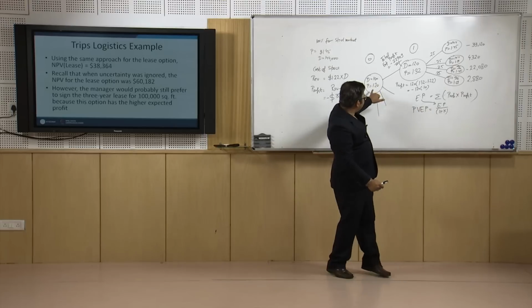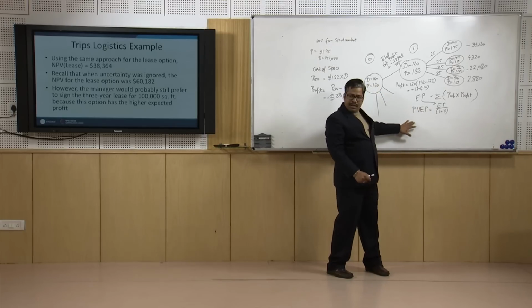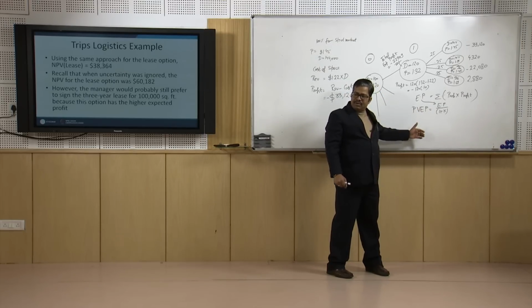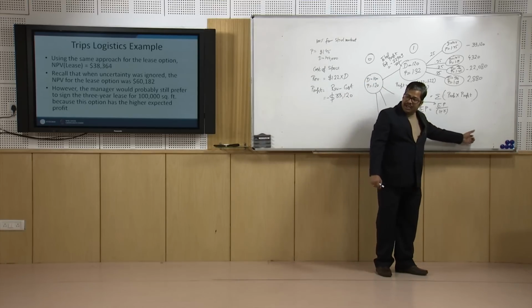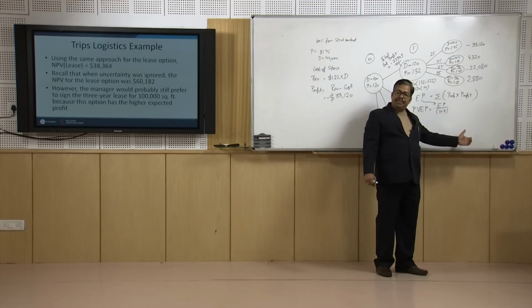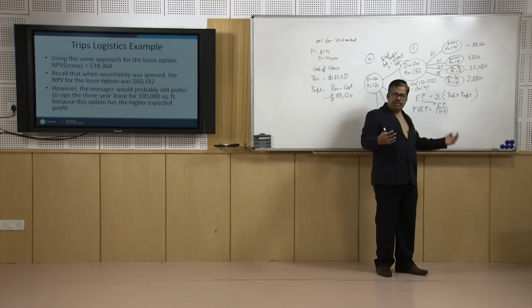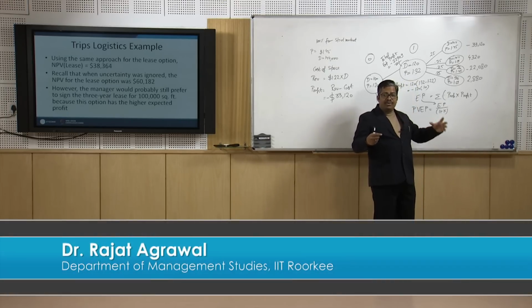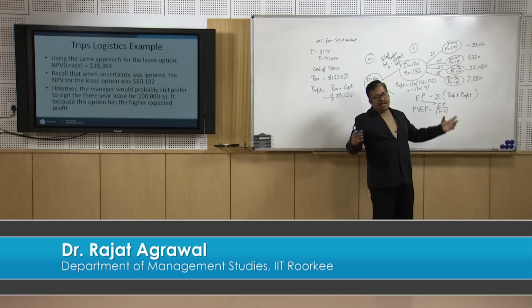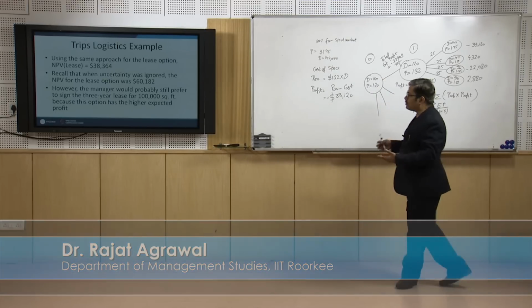Like 100 is here, and if it is just 80% of the original demand, it becomes 80, and then in the next period it reduces to 80% again, so it is only 64. In that case you have 36,000 square feet of area which is unused. That is also a loss.